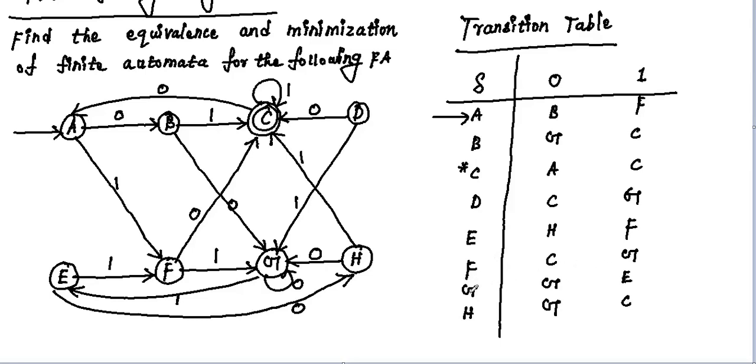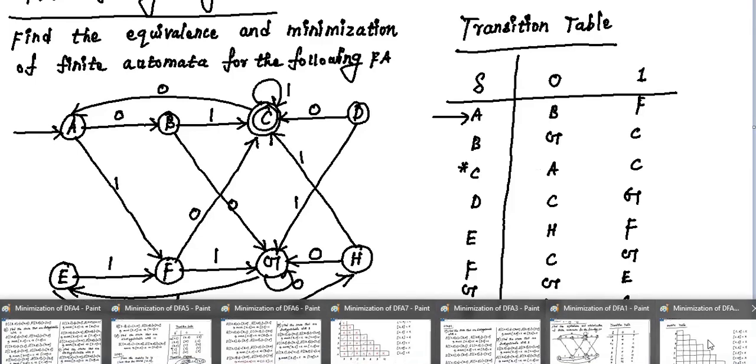Next state G: on input symbol 0, it reaches G itself, G1 reaches E. Here GE. Last state H: H0 reaches G, H1 reaches C. Here you write GC. So we finished the transition table, then move to the matrix table.